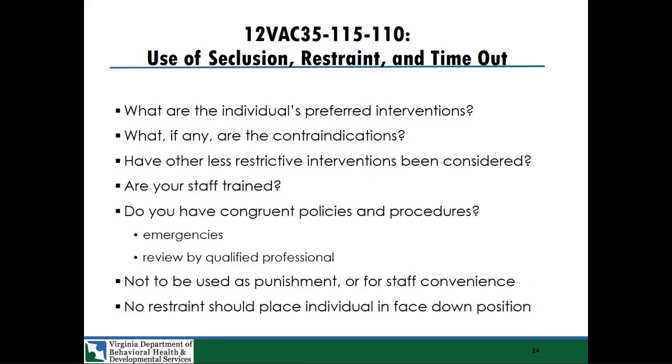So here on your screen are just a few reminders or triggers, if you will, to determine or identify if in fact your use of seclusion, restraint, or timeout is appropriate.